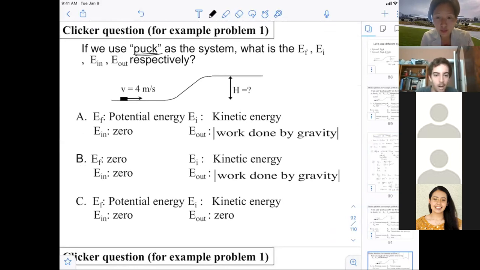So think about which of these answers are correct for our energy terms. Because once you use a different system to solve the same problem again, you should get the same answer. We want to see if we indeed get the same answer. Again, you can take a screenshot and we will have a discussion about this particular system choice and see how we can solve that. We'll discuss that for about a couple of minutes, okay?